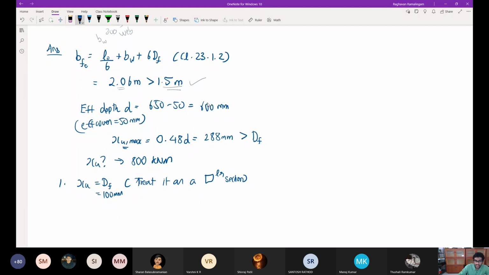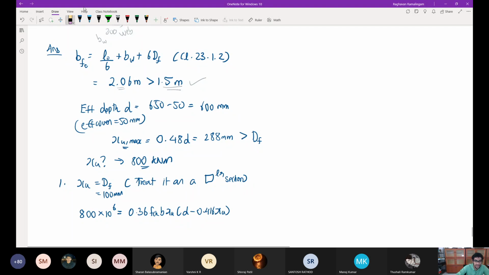How to check it is pretty easy. The moment which we want to resist is 800 kilonewton meter. For this assumption we treat it as a rectangular section, so we'll just do 0.36 FCK B into XU into D minus 0.416 XU.